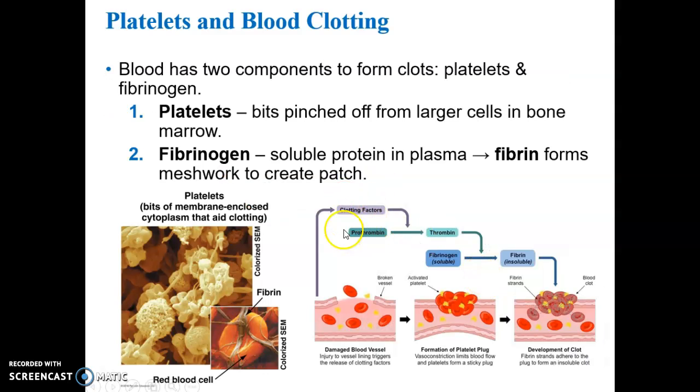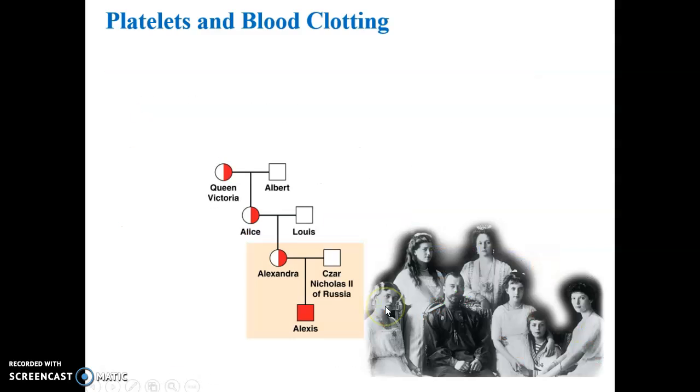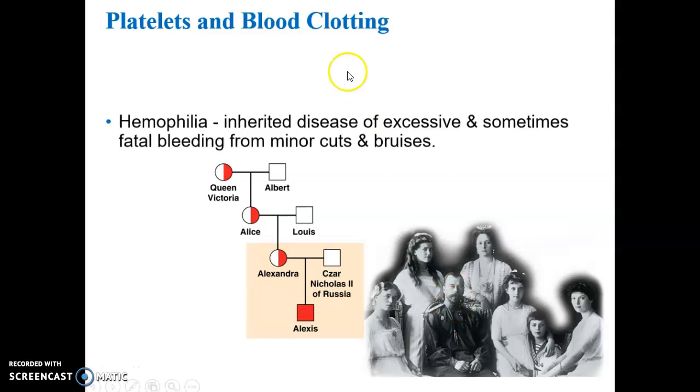So this is highly simplified here, but if one of these proteins is not properly produced because of a genetic mutation, it could lead to the lack of clot formation, which means even a small cut will bleed profusely, so much so that the person can die from bleeding out.